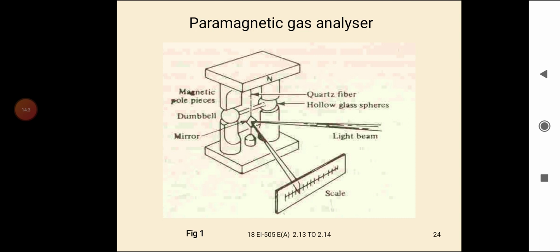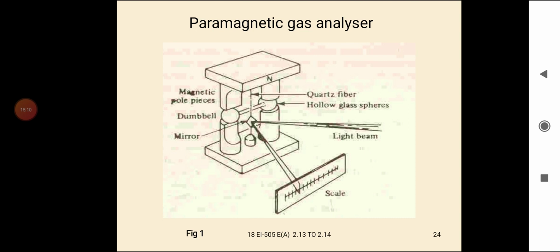In between, four wedge-shaped magnetic pole pieces are arranged. Two dumbbell spheres are placed in a non-uniform magnetic field.